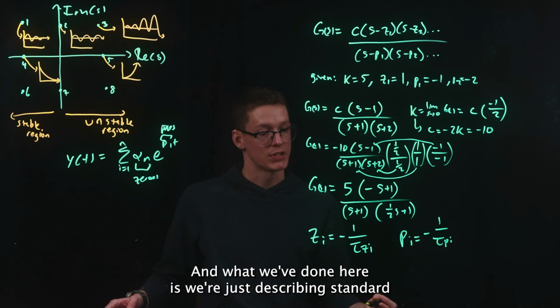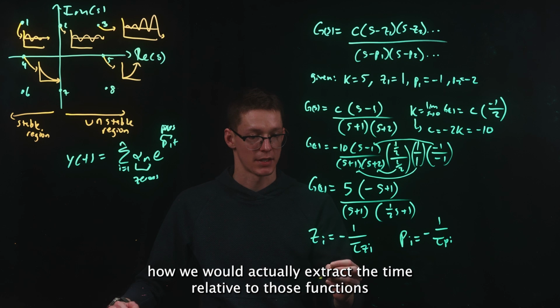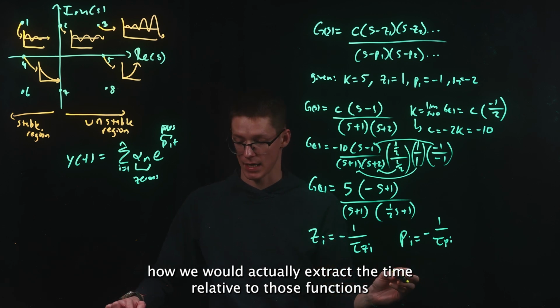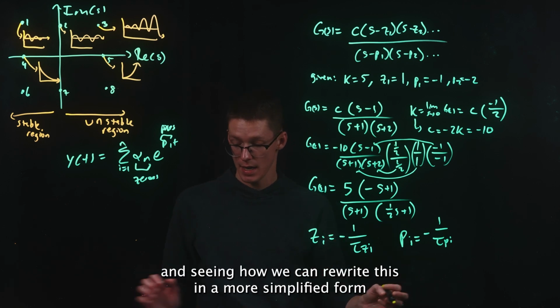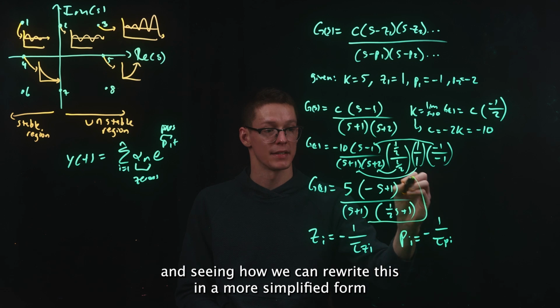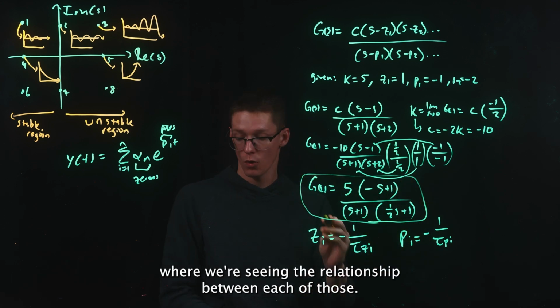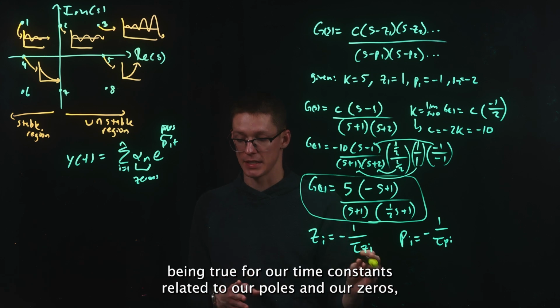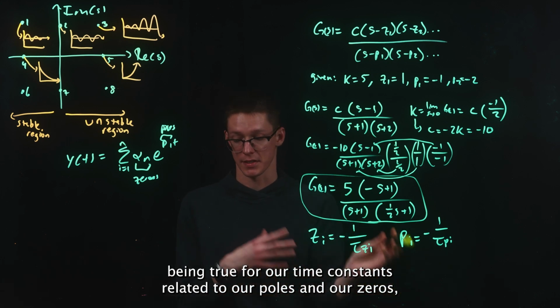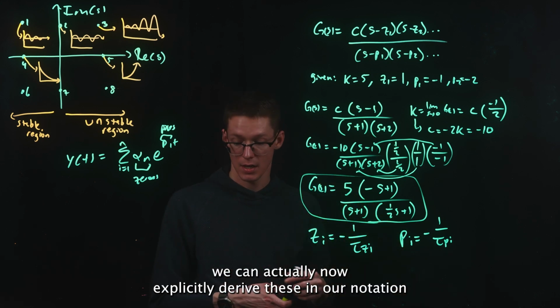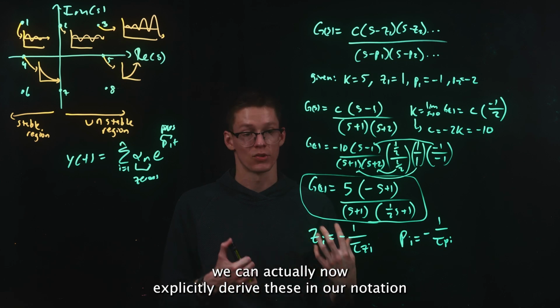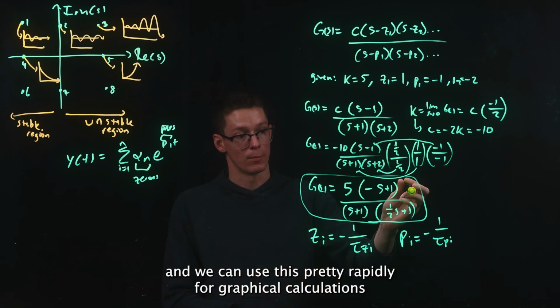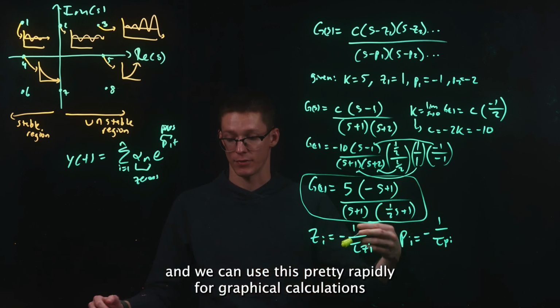And what we've done here is we're just describing how we would actually extract the time constants relative to those functions and seeing how we can rewrite this in a more simplified form where we're seeing the relationship between each of those. And so based on these being true for our time constants related to our poles and our zeros, we can actually now explicitly derive these in our notation, and we can use this pretty rapidly for graphical calculations.